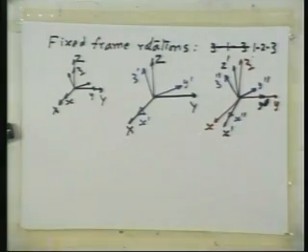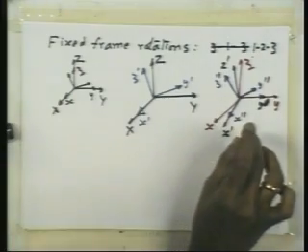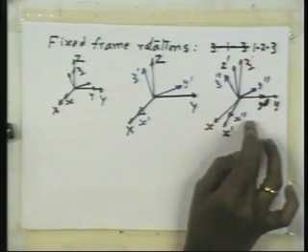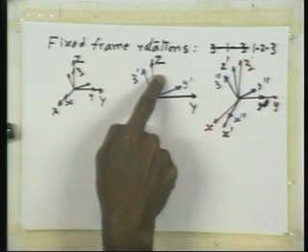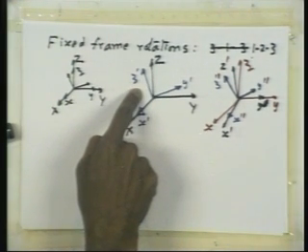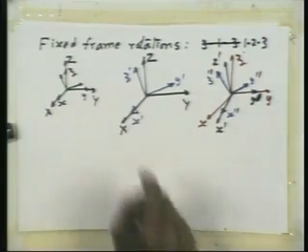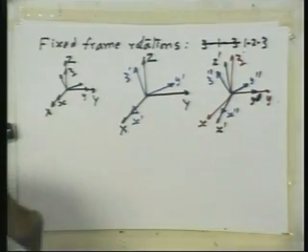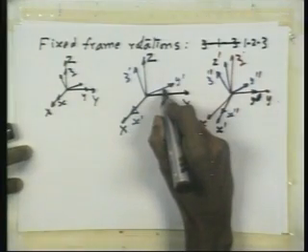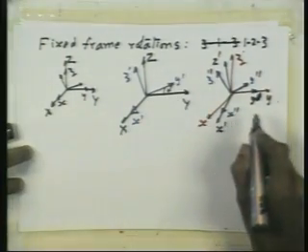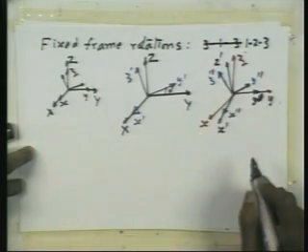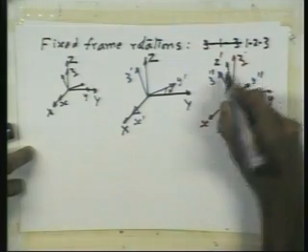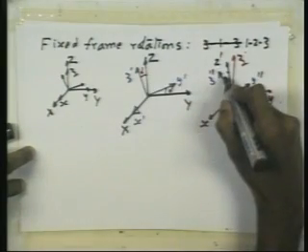Okay, so the idea is this: look at the relationship between the dash frame and the double dash frame. That's the same as the undashed frame and the dash frame out here. Fine, it's the same as that. And this angle was alpha. So this angle will be alpha. This angle will be alpha. So this is also alpha. So this will also be alpha.